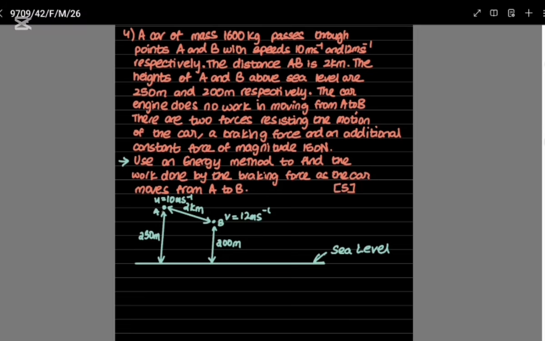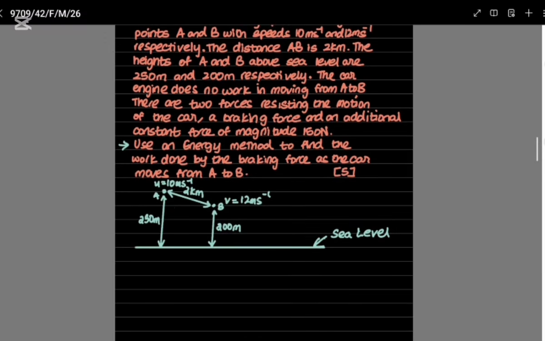I wrote u because that's the initial speed, and v because that's the final speed, because it moves from A to B. We can also find the AB vertical height. What's that going to be? 250 minus 200, which is 50 meters.